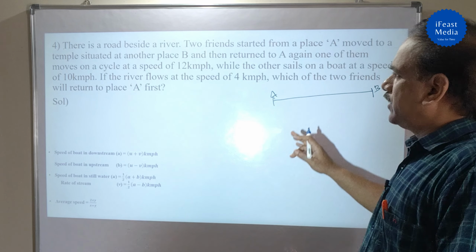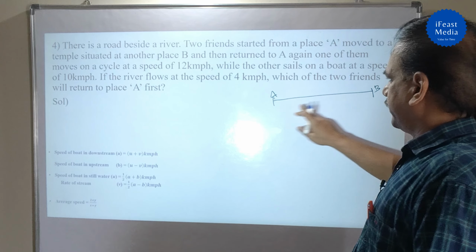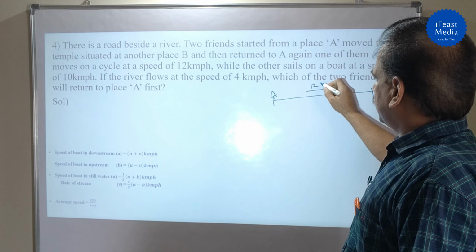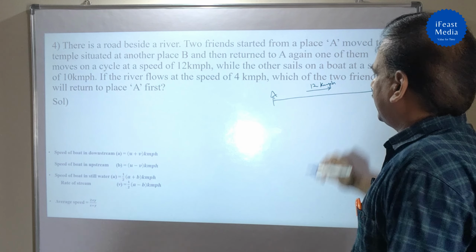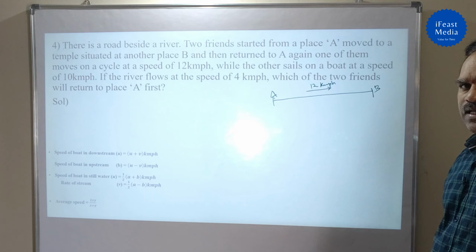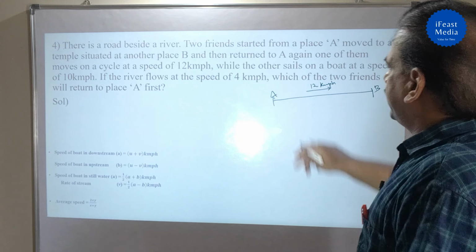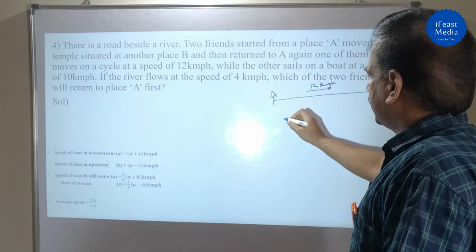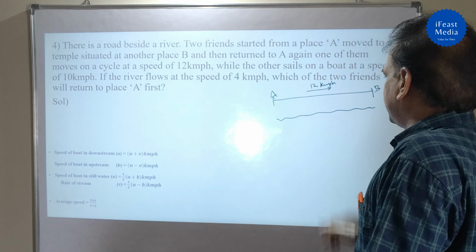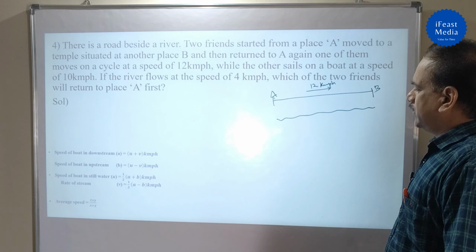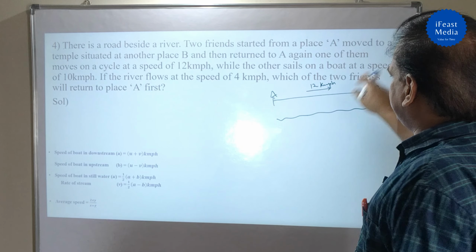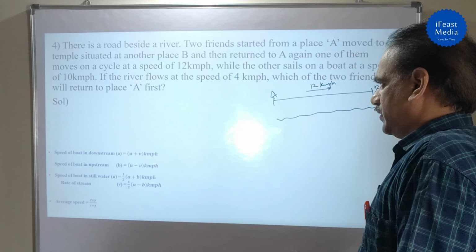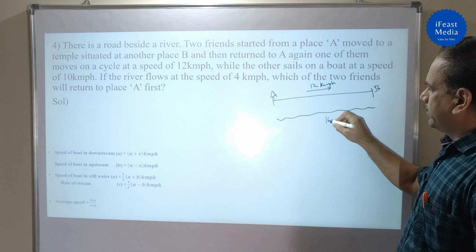One of them moves on a cycle at a speed of 12 kmph along the road, and the other sails on a boat at a speed of 10 kmph. So you have a river parallel to this road, and the second person is sailing on a boat at 10 kmph.